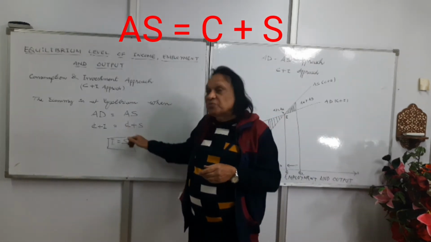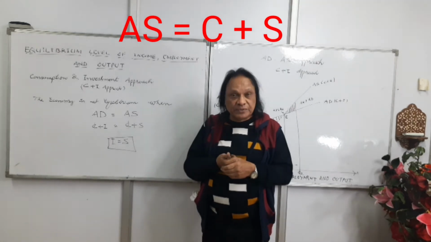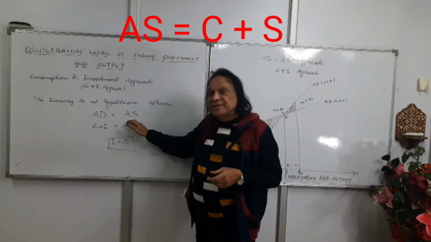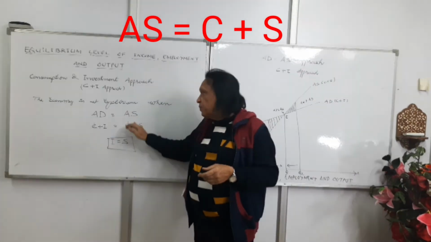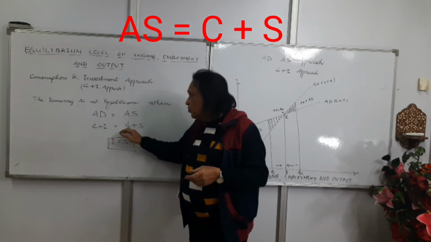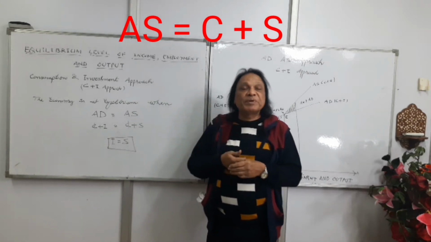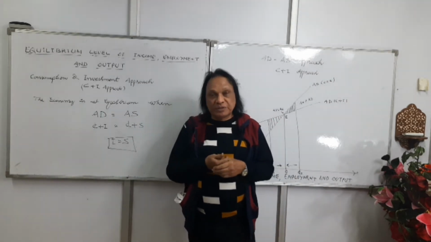Either we consume or we save, so AS we can write as C plus S. So at the equilibrium level of income and employment, AD is equal to AS, or C plus I is equal to C plus S. C gets cancelled, and at the equilibrium level of income and employment, investment is equivalent to savings.